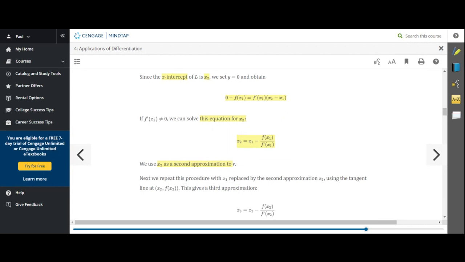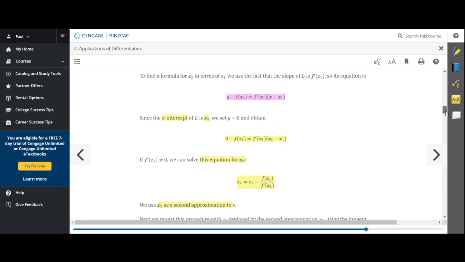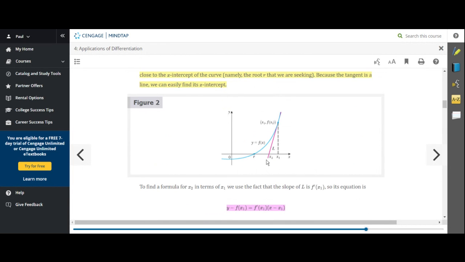All right. Looking at this in the figure here, this x2, whatever that value is, do you think it's a good approximation to the root r? I mean, x2 is better than x1 because x2 is closer to r, but that's right. I agree with you.